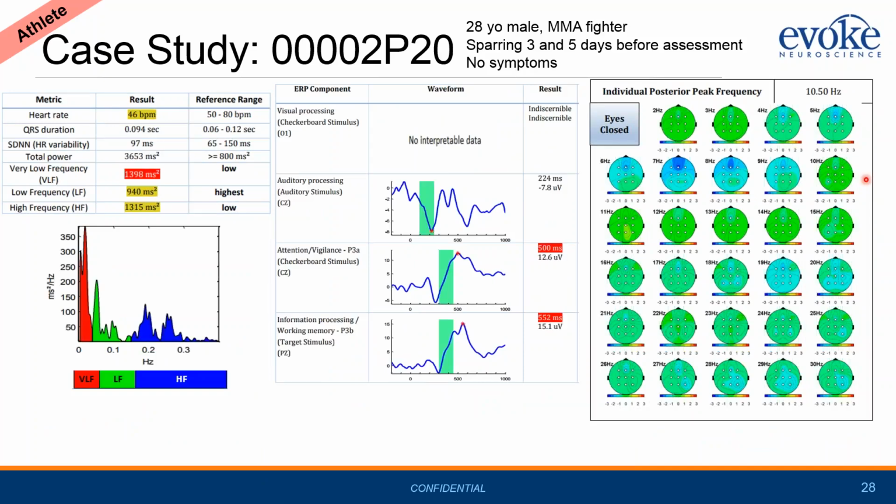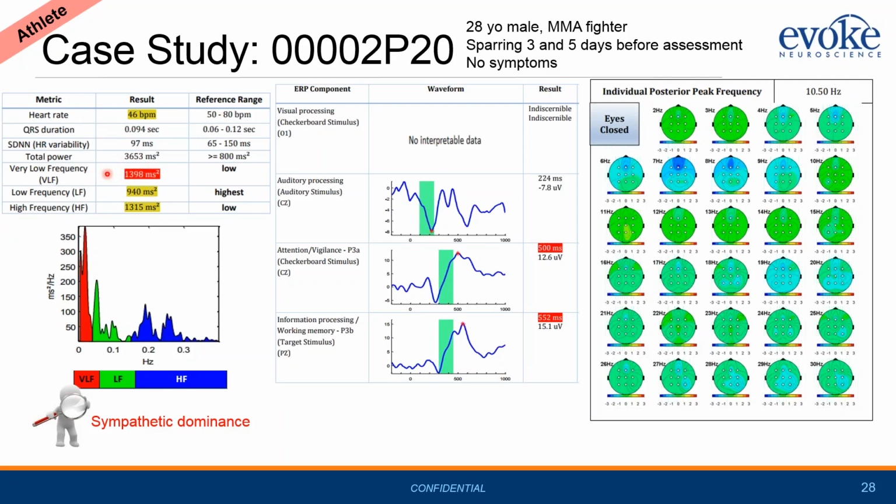So let's move on, look at another case study. This is a 28-year-old MMA fighter who was sparring 3 and 5 days before the assessment. He's feeling great. He has no symptoms, no complaints. So when I look at his HRV, he's got a great SCNN and a great total power. He's in very good shape, but he has sympathetic over-arousal.